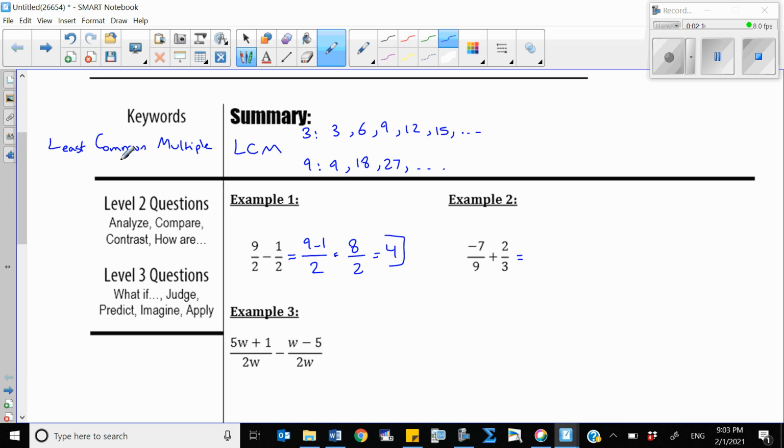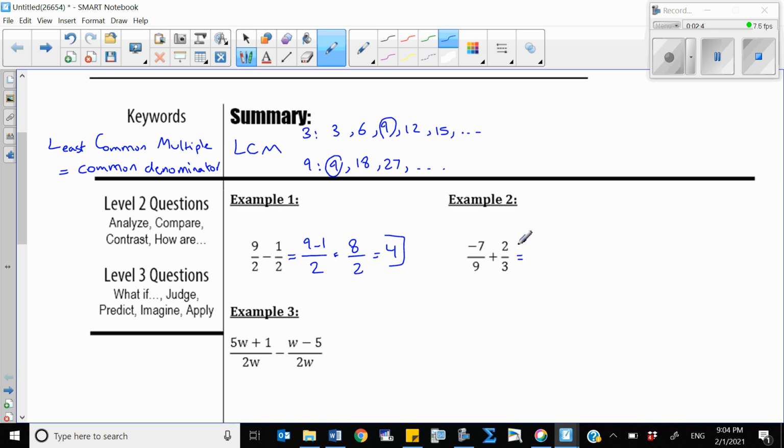That means we need to find the common multiples and choose the smallest one. Now here we have 9 as the common multiple, and it's already the smallest one, the smallest common multiple between these two. So this will be our common denominator. So our common denominator is 9.